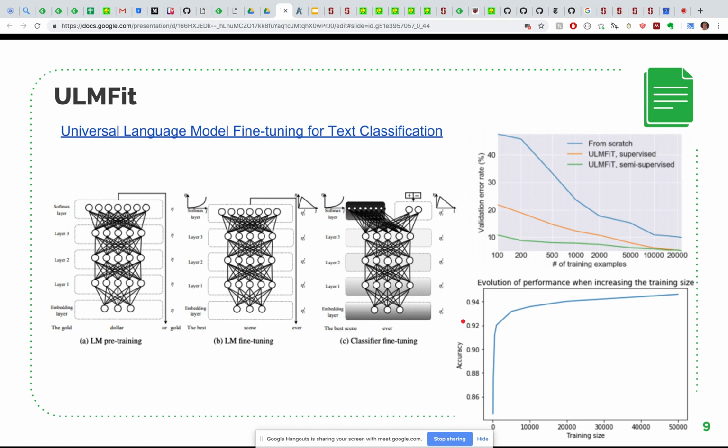This means that the language modeling task already learns quite a lot from the language, so the classification part just has to take this representation and find some classification layers.